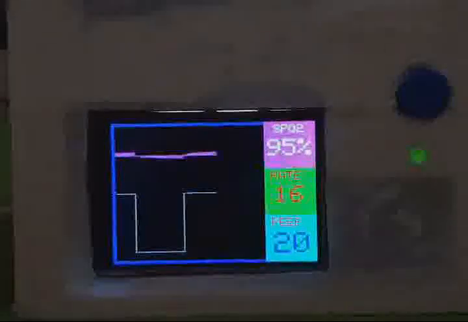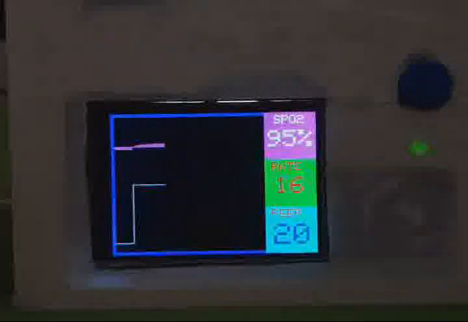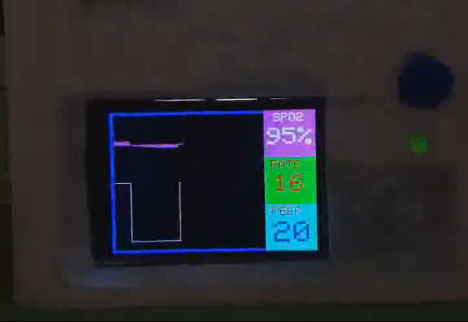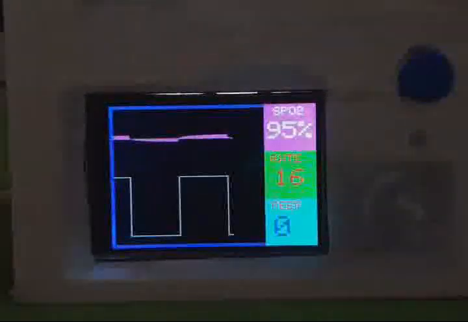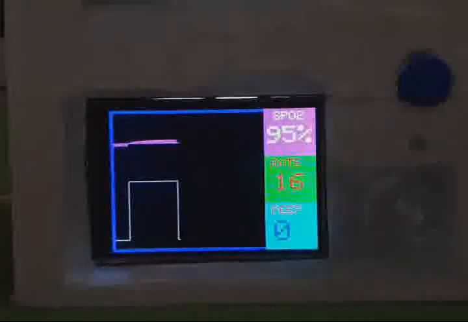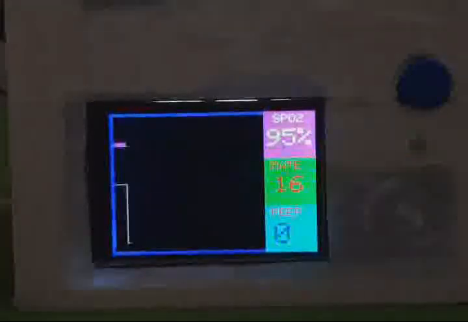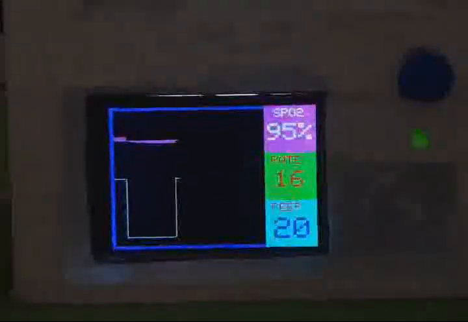So there is a low level and there is a high level. In this case the patient will take the breath, with inlet and outlet. He will take the breath at 16 cycles per minute, and this 0 is the minus pressure, and there is a plus pressure.